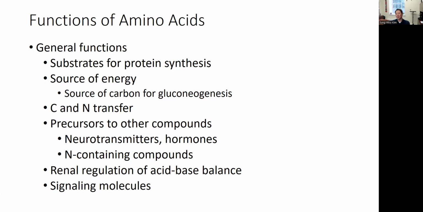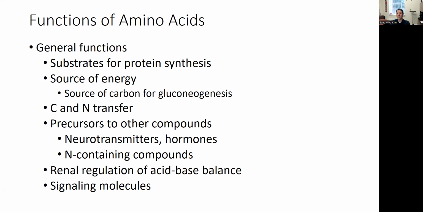So that's one of the most important functions and uses of amino acids. They will become a protein. Okay? And when there is excess amino acid in the body, it will be catabolized to glucose or ketone bodies, and they will be used for generating energy.